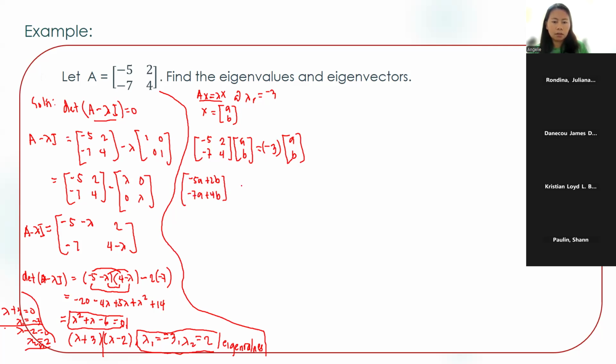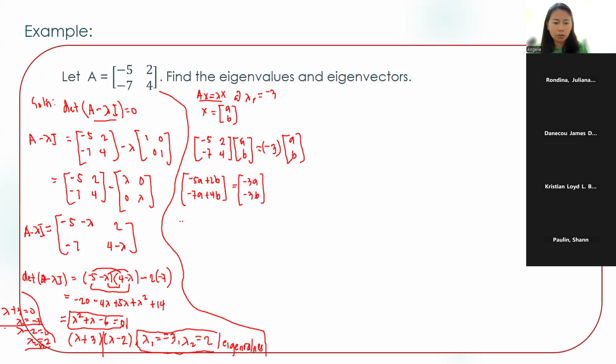Okay? This is equal now to this one. So we distribute the scalar to the vector. So we have negative 3A and negative 3B. As you can see, we have now a system of linear equation.